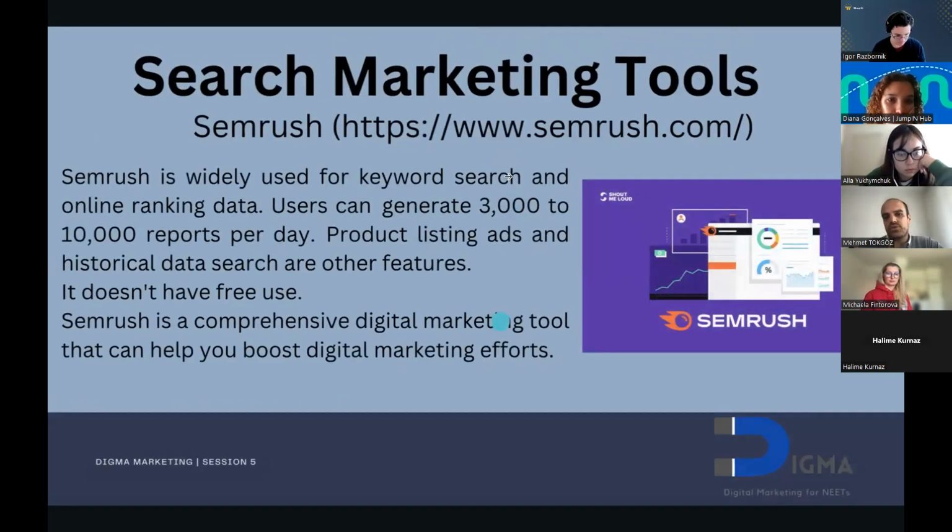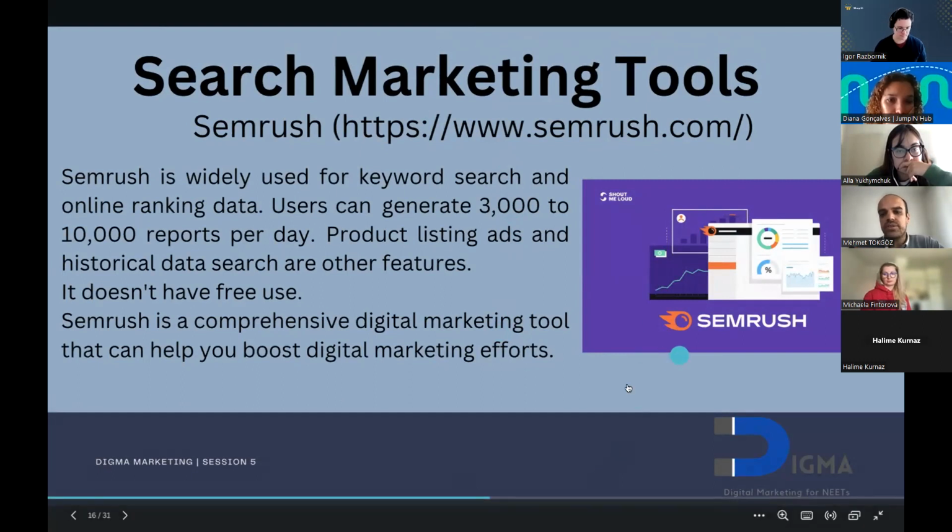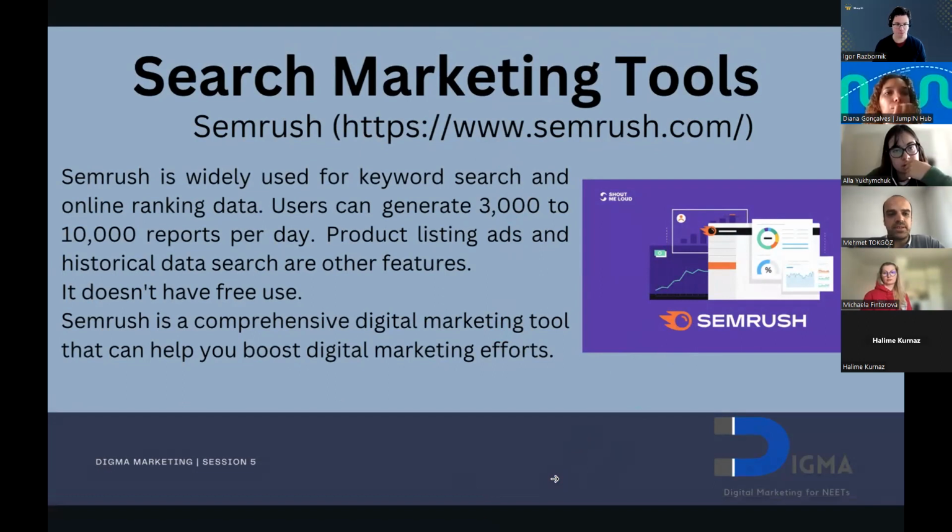There are, of course, search marketing tools. One of them is SEMrush, with the logo I showed earlier in my presentation. It is a widely used keyword search and online ranking data tool. Users generate many reports per day, such as product listing ads, historical data of the research, or many other reports.